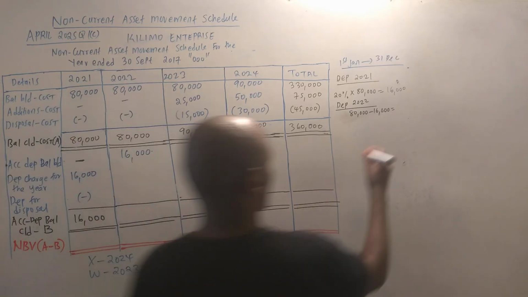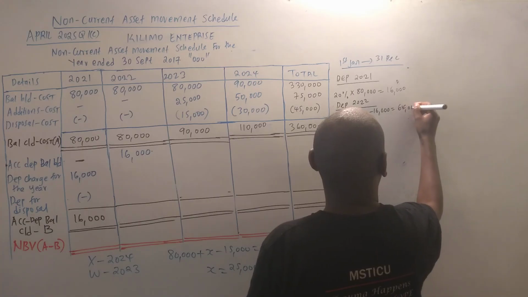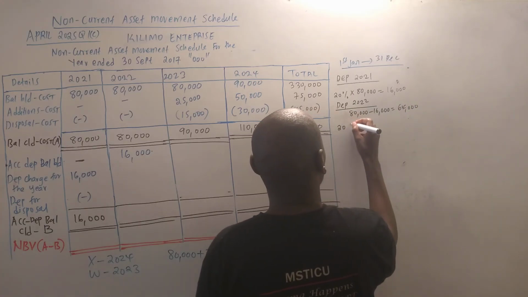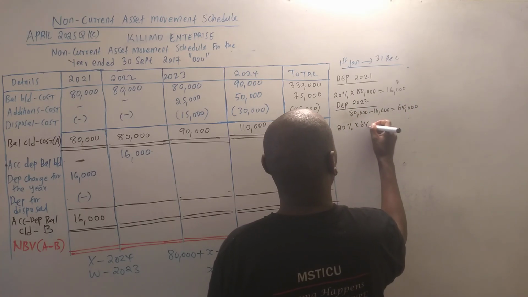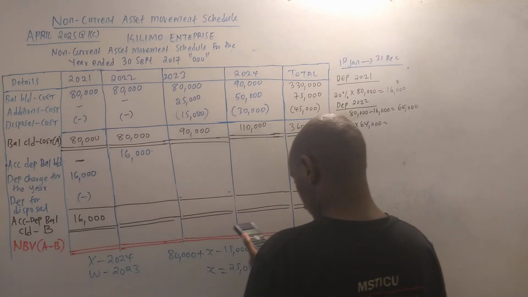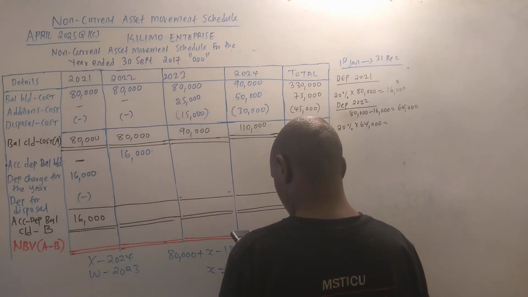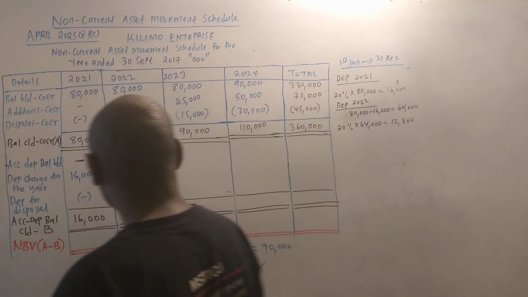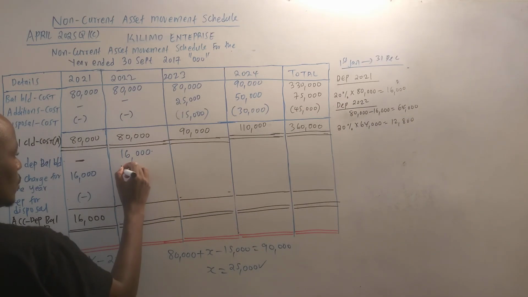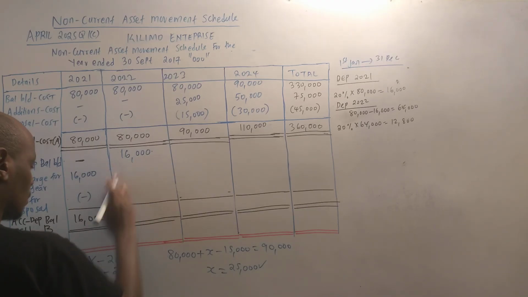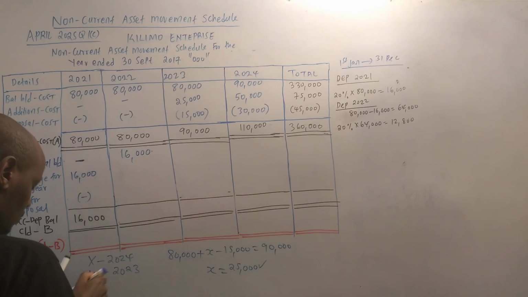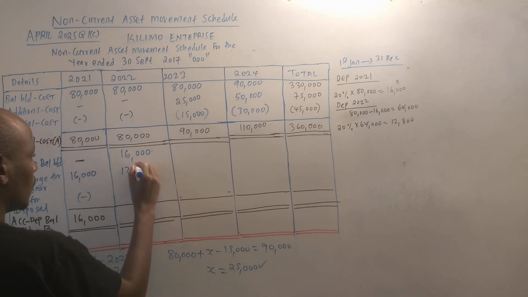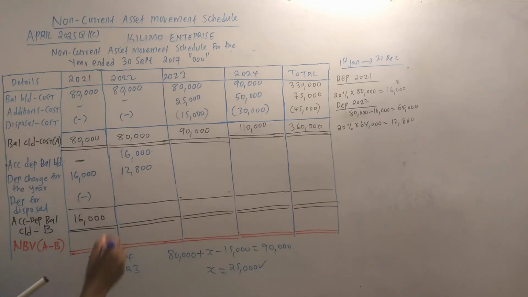That is 64,000. Then we say 20% times 64,000. So 0.2 times 64,000 is 12,800. So here it is, 12,800.